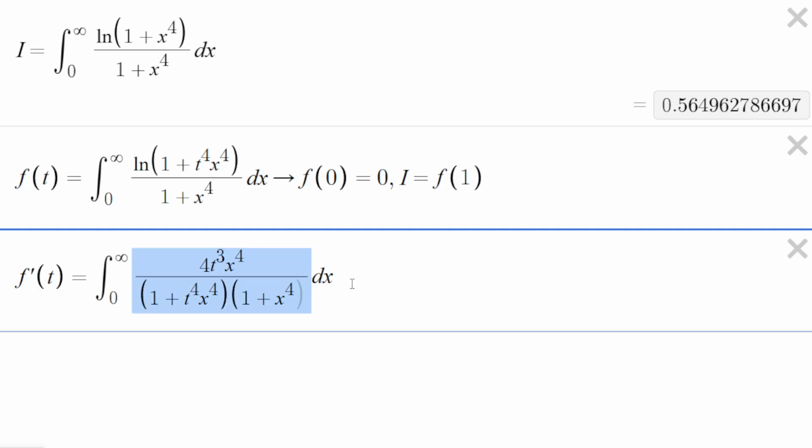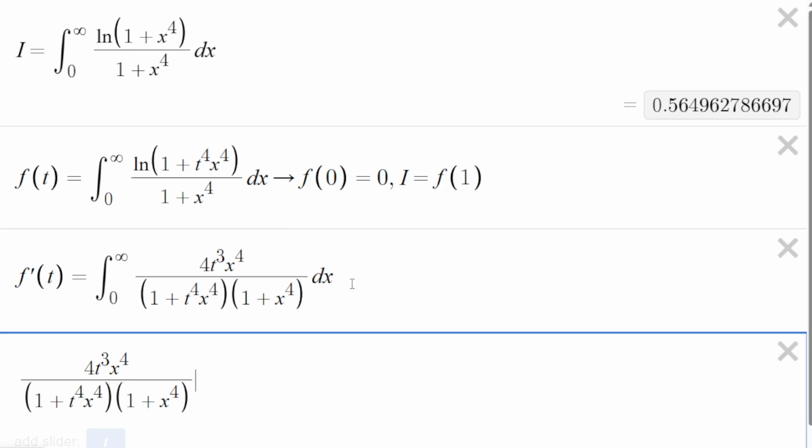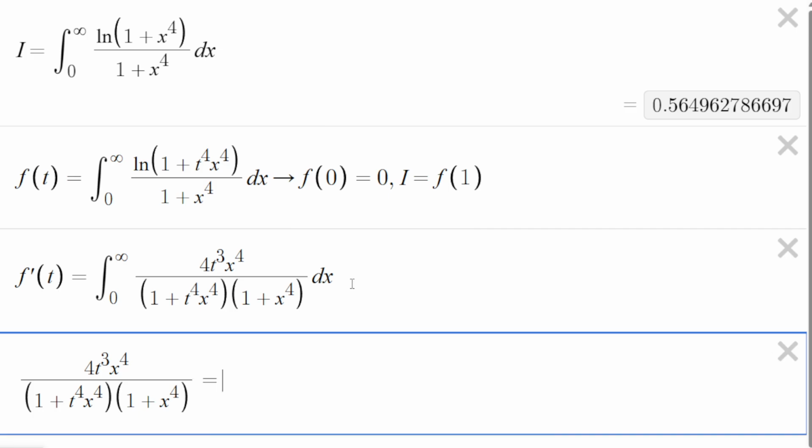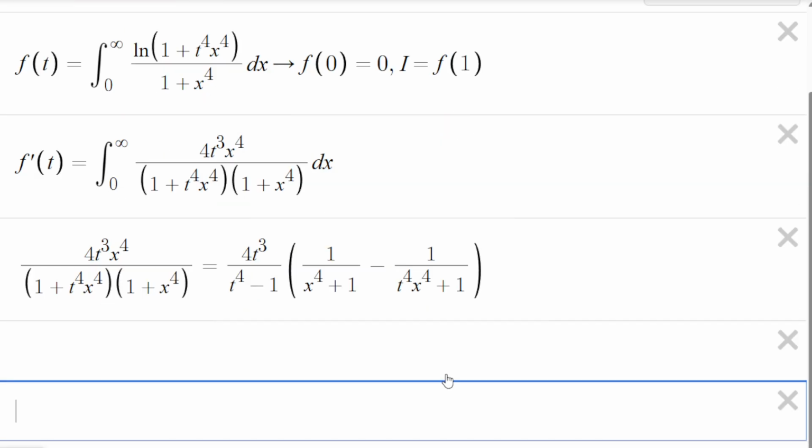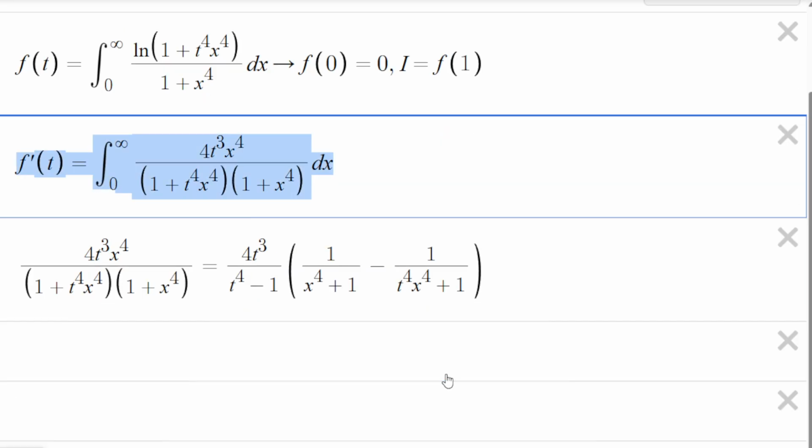By partial fraction decomposition, this is just going to be equal to this. Again, I'm not going to show the steps. It's just a computational process, so I don't want to spend a whole lot of time on that.